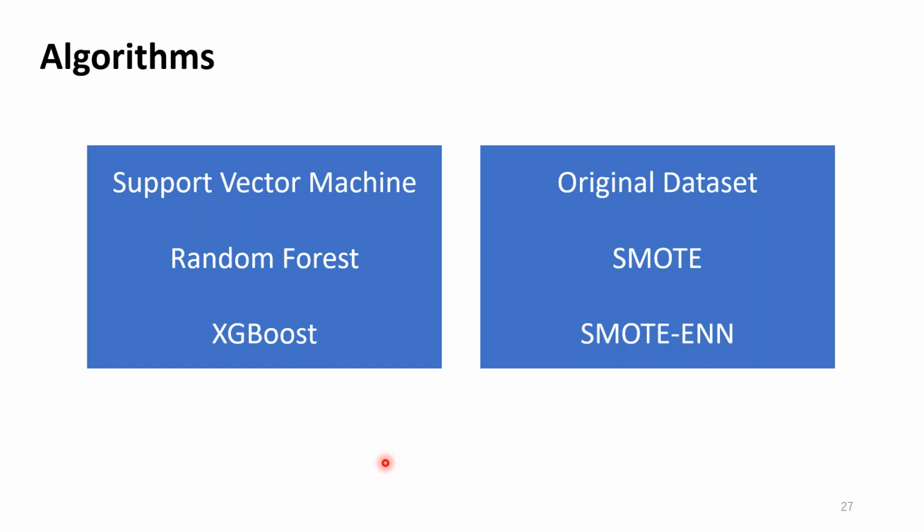To examine the effect of oversampling and the hybrid rebalancing method, the classifiers will be applied to 3 types of data: the original imbalanced dataset, the dataset oversampled by using SMOTE, and the dataset rebalanced by using SMOTE-ENN.